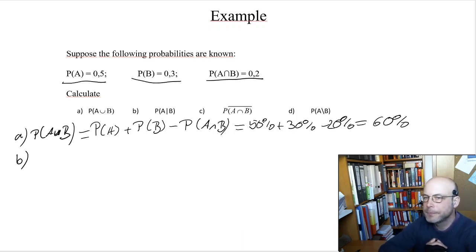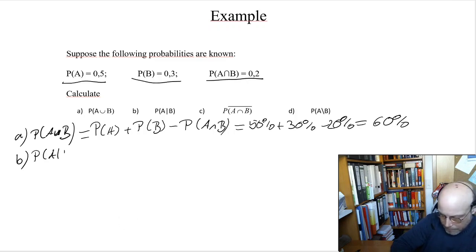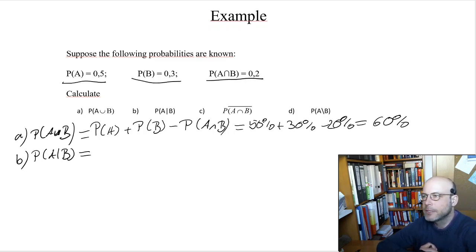If we go to B, P of B conditional A, you can also give me just the numbers.